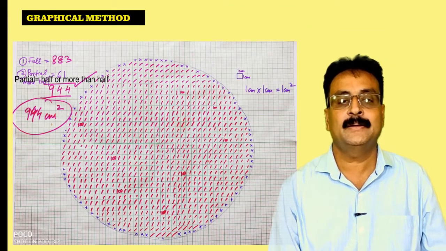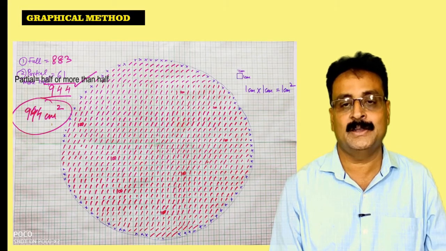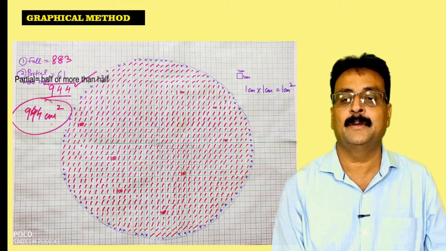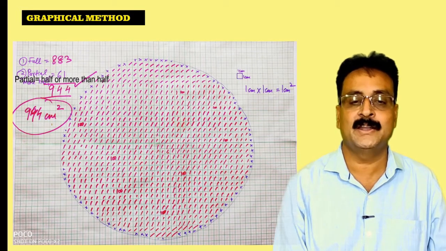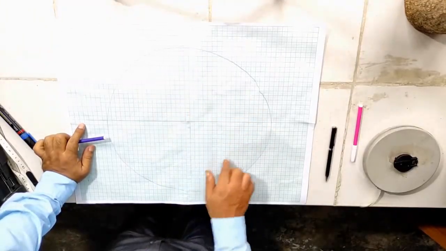So this is a graphical method. In the graphical method, we will calculate the cross-section area by a graph taking 1 centimeter to 1 centimeter. So let's calculate how much is the area of this cross-section of this log. Now we will be counting this.